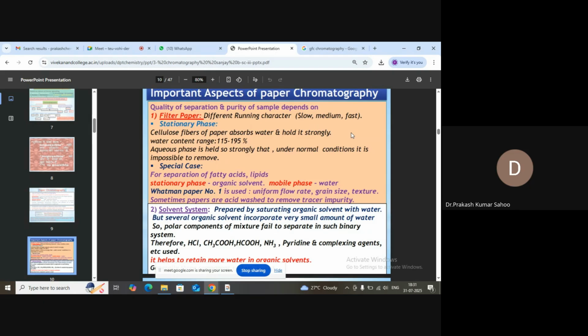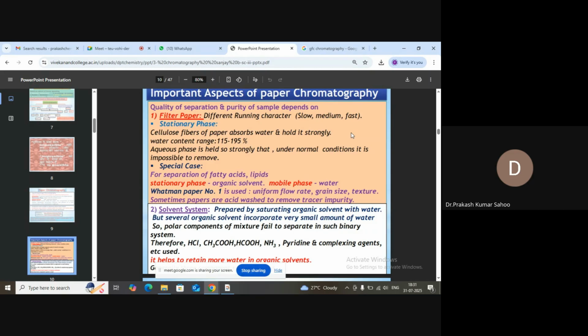So these are some examples where filter paper is used as the supporting medium, and the stationary phase is organic solvent, and the mobile phase is water. For filter paper, if it is Whatman 1, then according to the grain size or the pore size, the supporting medium is accordingly used.